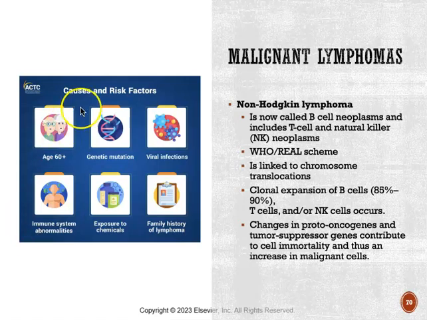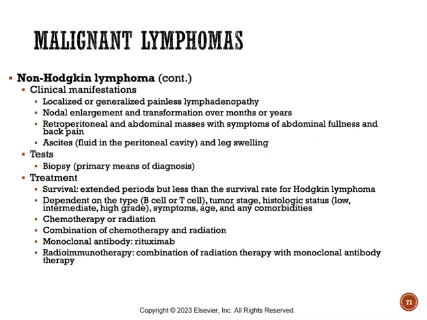And you could see some of our causes and risk factors over here to the left, like being over the age of 60, having viral infections, immune system abnormalities, exposures to chemicals, or a family history of lymphoma. And let's talk about some of the clinical manifestations. We see it present with localized or generalized painless lymphadenopathy with nodal enlargement that progresses over months or even years.